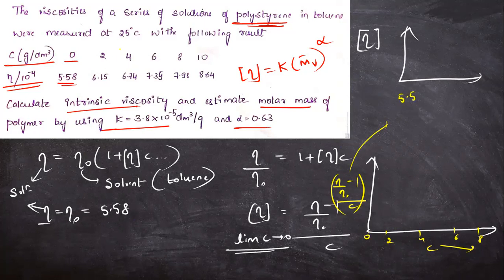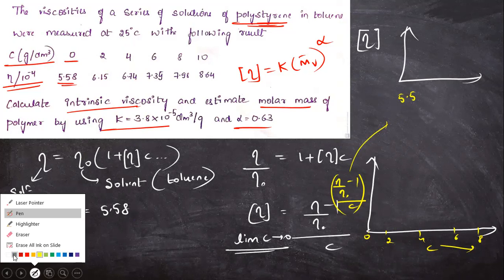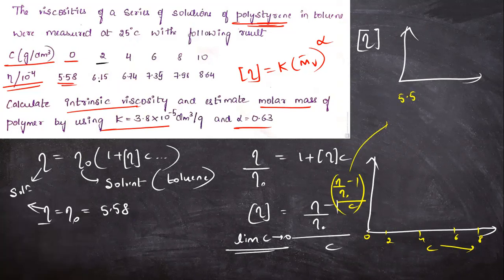At C is equal to 2, eta ka value is 6.15, right?